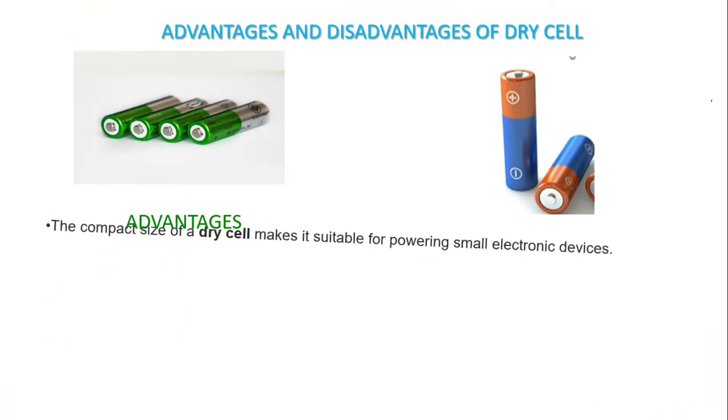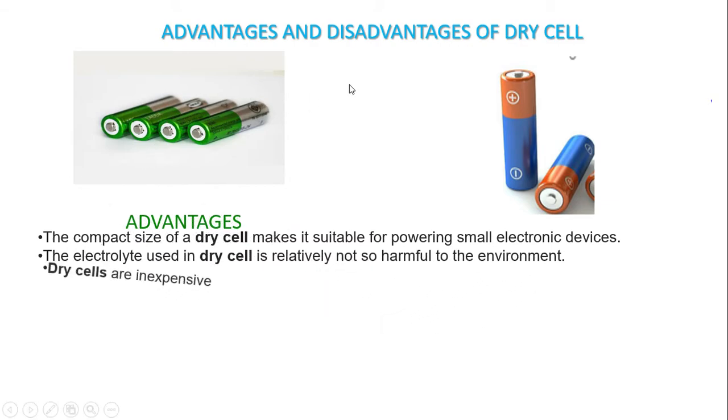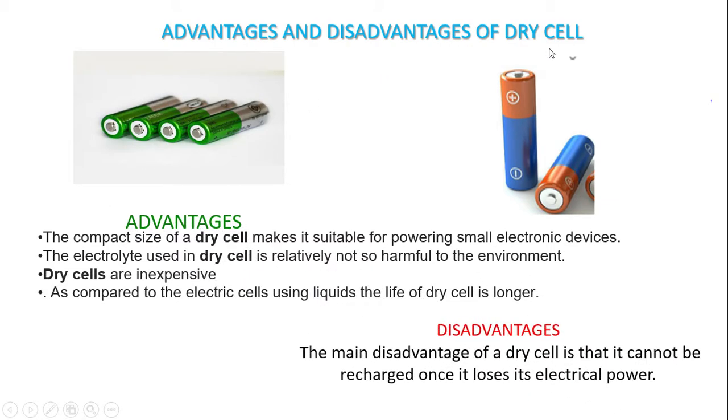Now, let's understand the advantages and disadvantages of a dry cell. The advantages of a dry cell, as you can see, are the compact size, which makes them suitable for powering small electronic devices. The electrolyte used in the dry cell is relatively not so harmful to the environment.